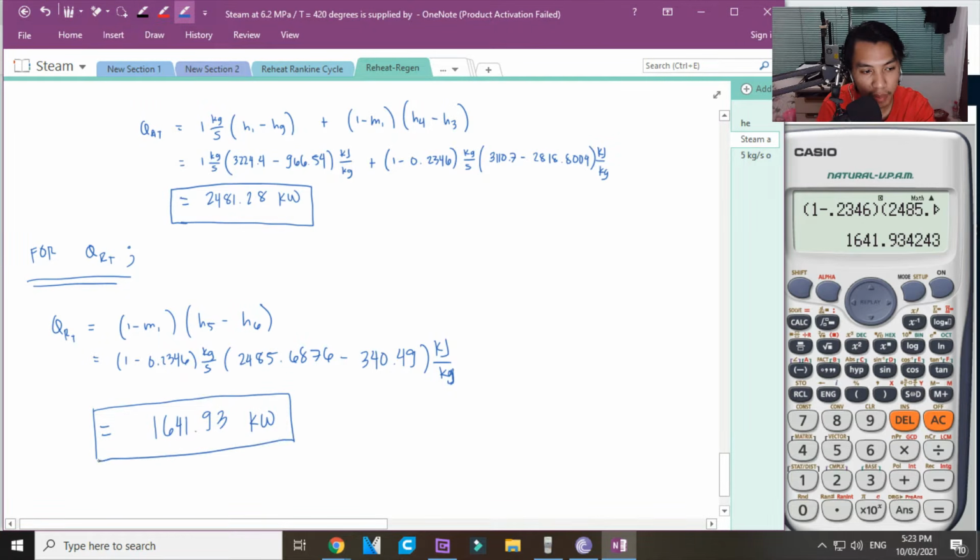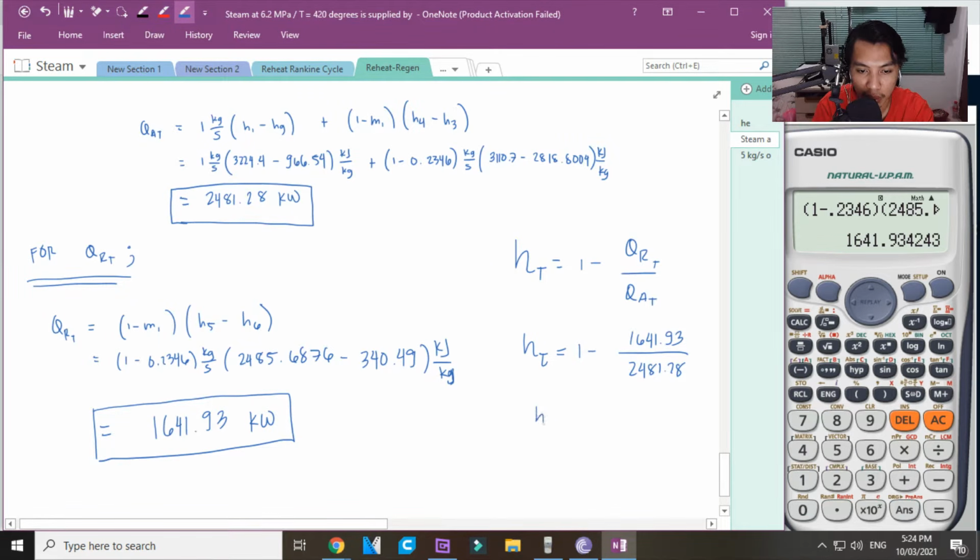Pwede na nga natin makuha yung thermal efficiency. The thermal efficiency, 1 minus QR over QA total. Thermal efficiency, 1 minus QR, 1641.93 over 2481.28.